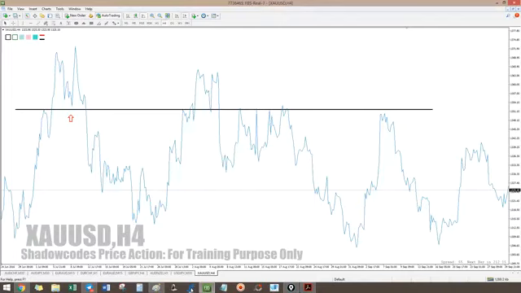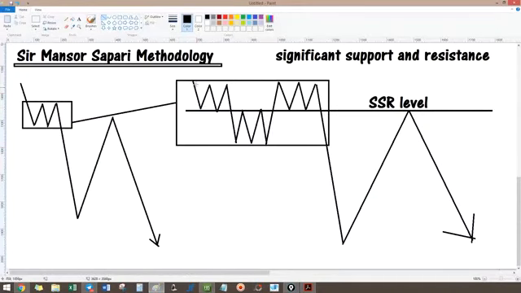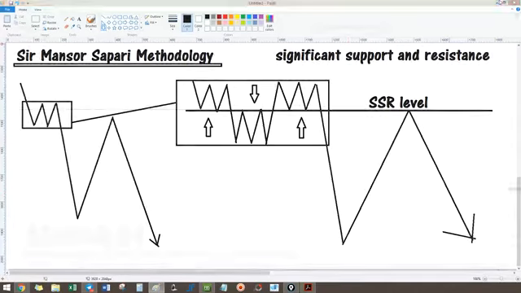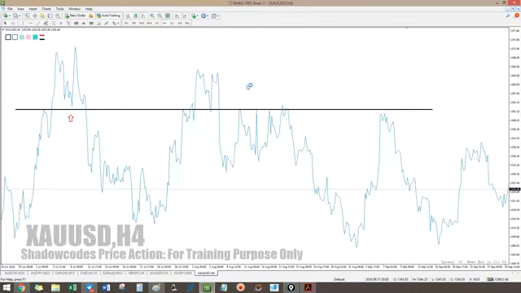Over here, you find something like this. You find some price push up like this, and then it pushes up like this, then it pushes down like this, okay? Find something like this, and then find if we can get a trade that touches this level, right? So we also have a trade there.